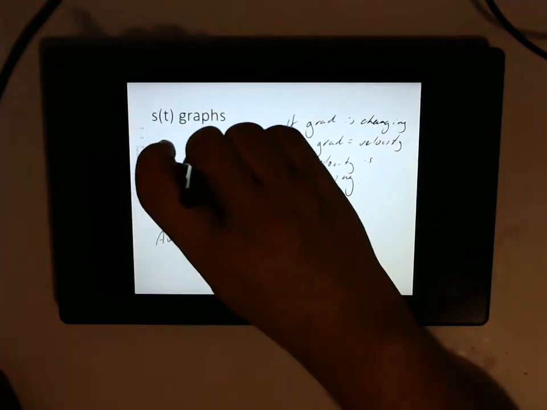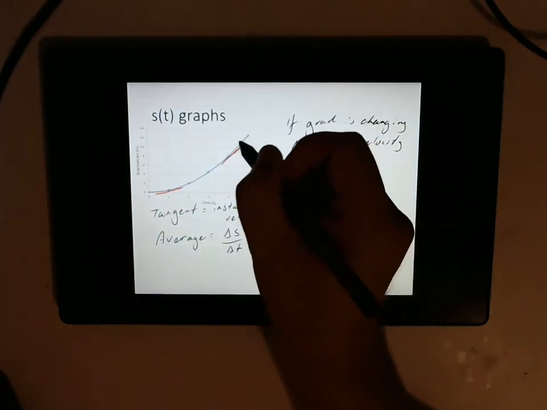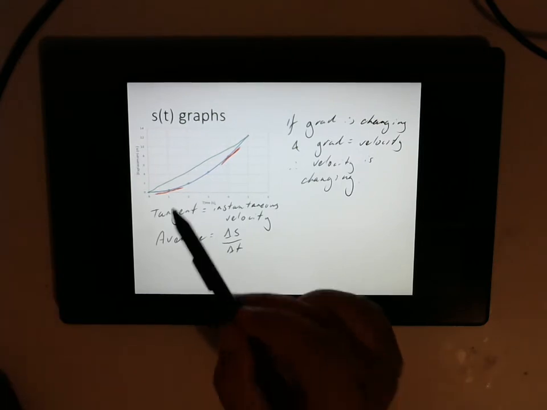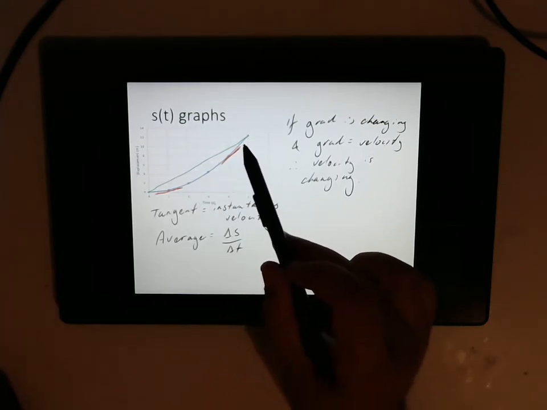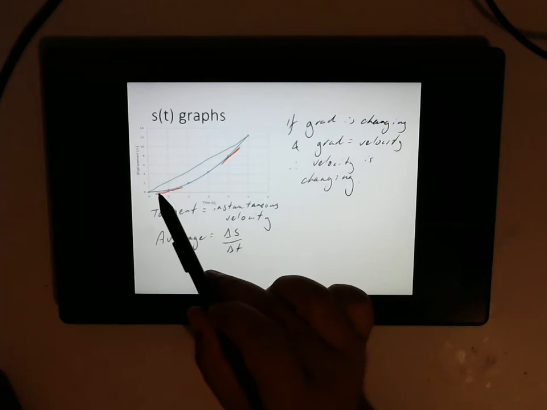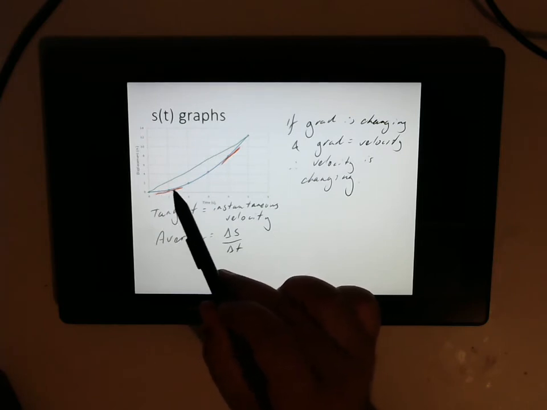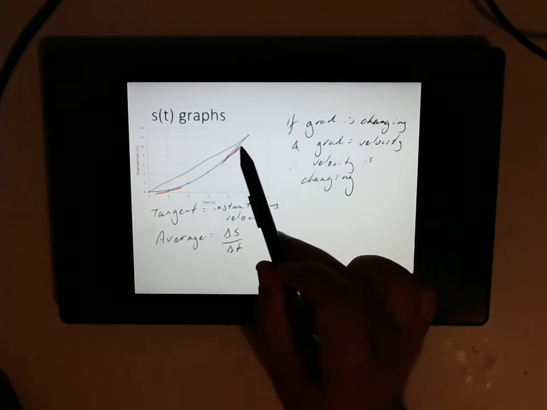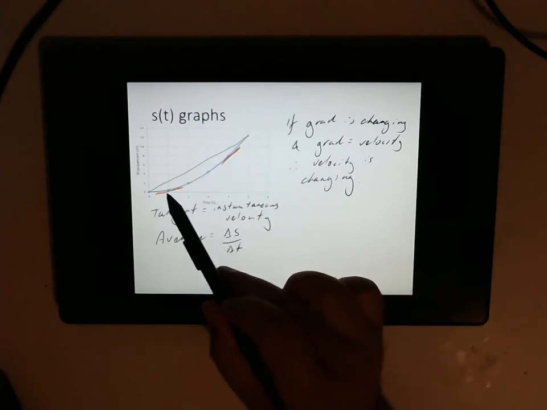Let's see if I can draw that a little bit better. That would be taking it from here to here. Down here, this number would be higher than this, but up here this is steeper than this is. So we can see that this is not going to be the maximum velocity, and it's not going to be the minimum velocity.